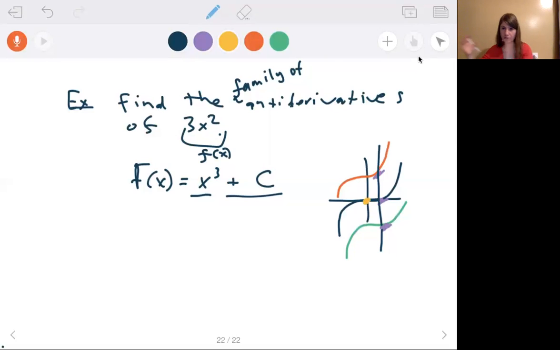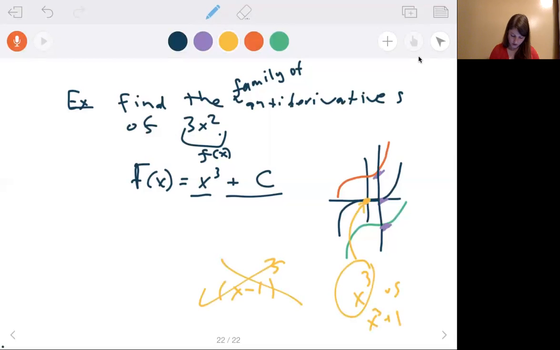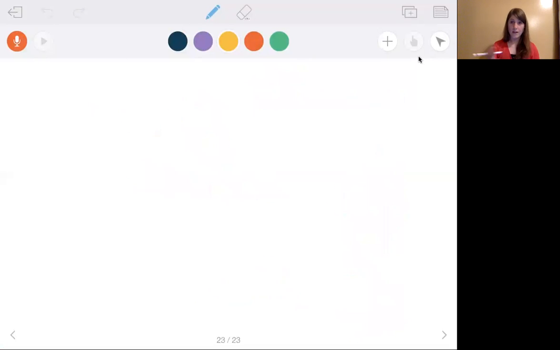If we are shifted over, now we're not exactly x cubed. We might see something like x minus 1 cubed, which isn't going to give us the same thing. But x cubed goes to the origin, and x cubed plus 1 does not.